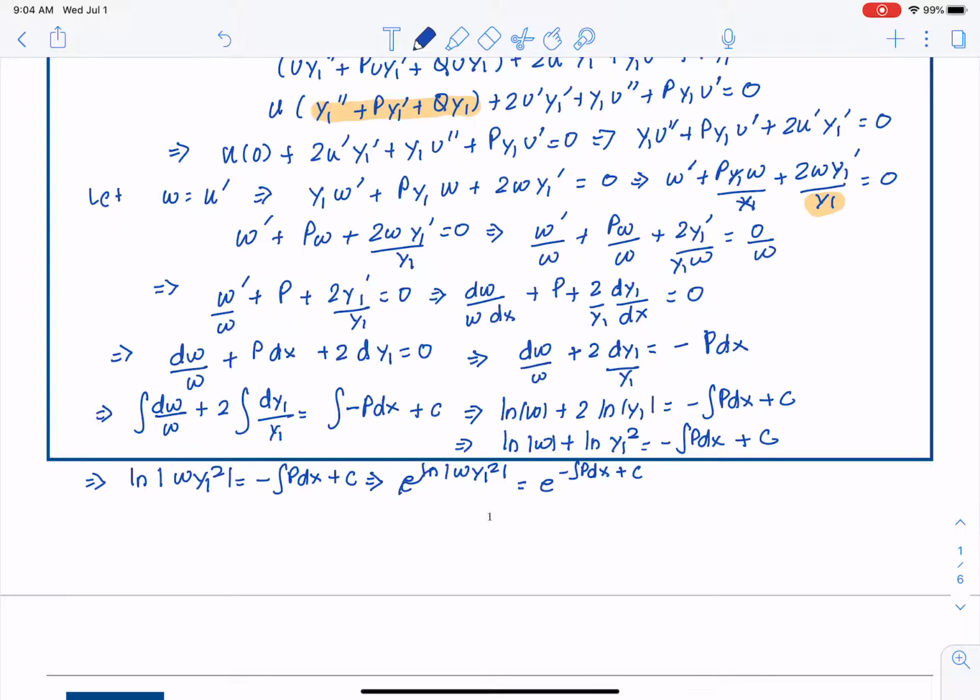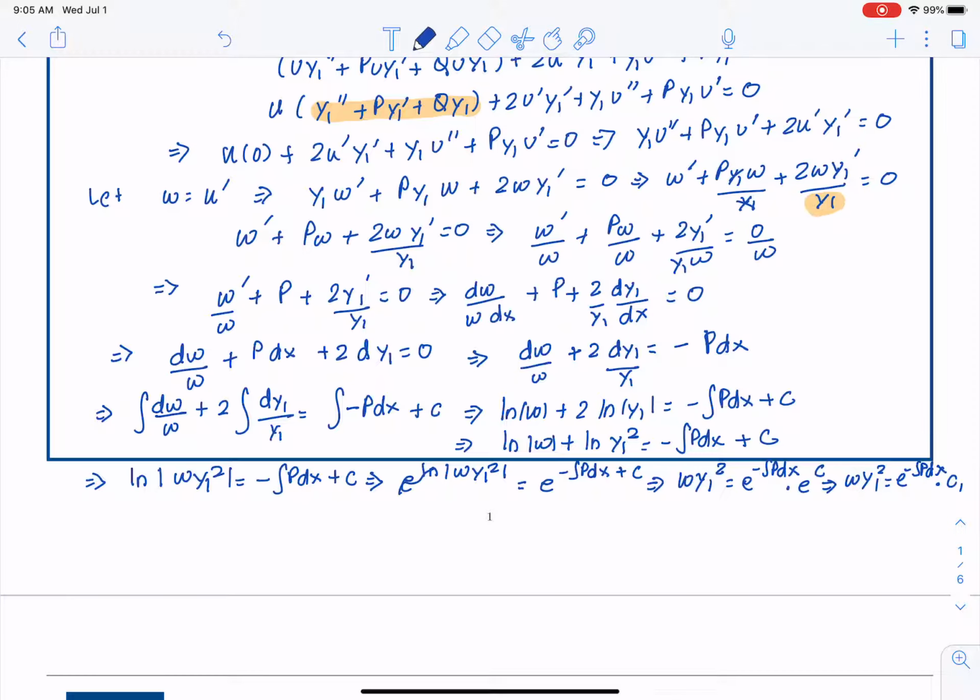The e and ln would go away, so we would have w y1 squared equal to e raised to minus integral p dx times e raised to c. But e raised to c is a constant, so I could rewrite it as w times y1 squared equals e raised to minus integral p dx times the constant c1.